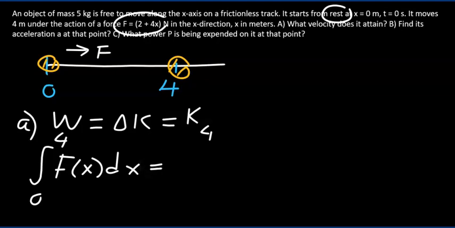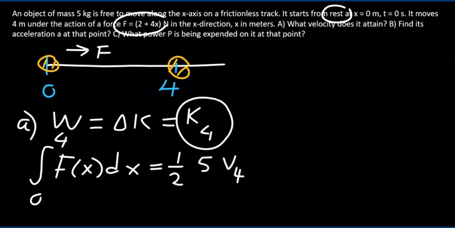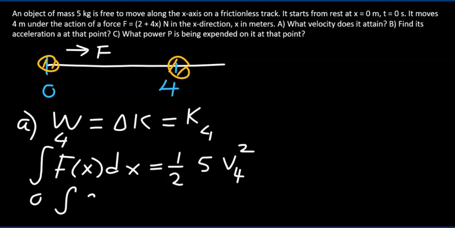The right hand side, which is the kinetic energy at x equals 4, is quite simply half times the mass, which is 5 kg, times the speed at that point squared. So this is what we want to determine. Let's do the left hand side. You're integrating 2 plus 4x with respect to x from 0 to 4.